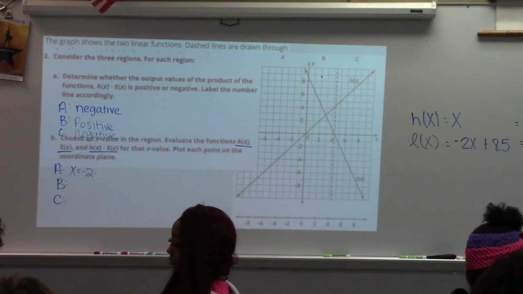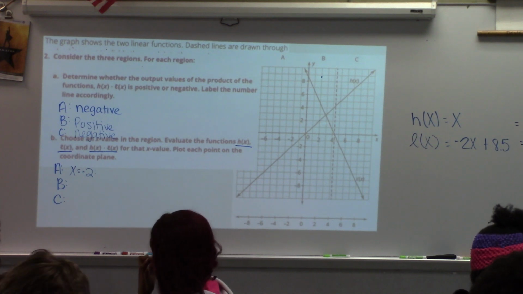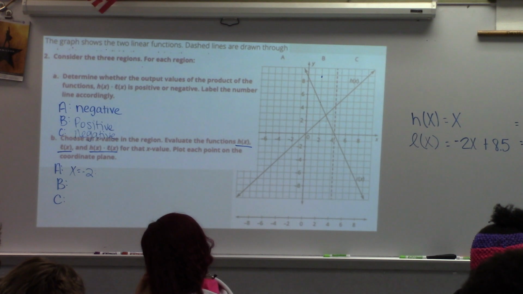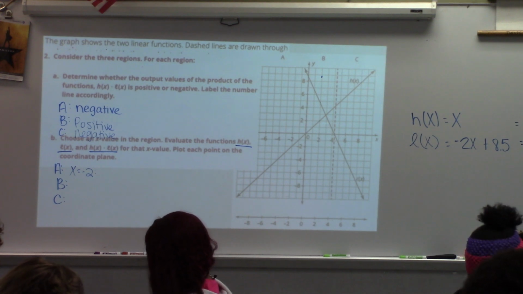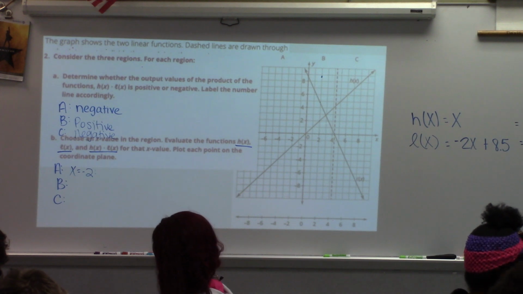So that would be region C, and everything in the middle is D. Because that's where this is crossing the x-axis. So every time it crosses the x-axis, I'm splitting my graph up into regions.